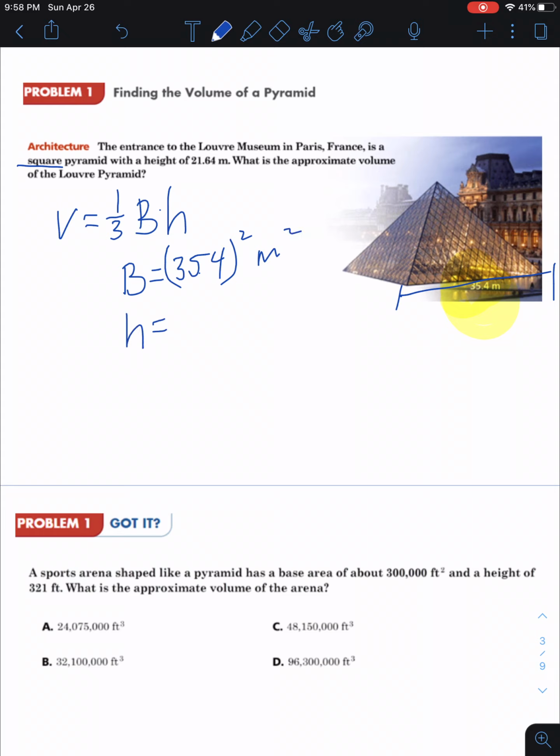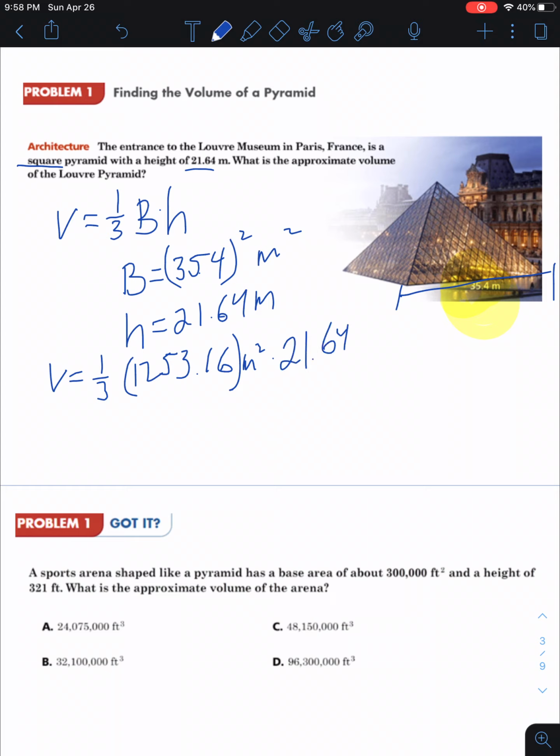And the height we set up here was 21.64 meters. So the volume would be 1/3 times 35.4 squared, which is 1,253.16, and that's in meters squared, times the height, 21.64 meters.